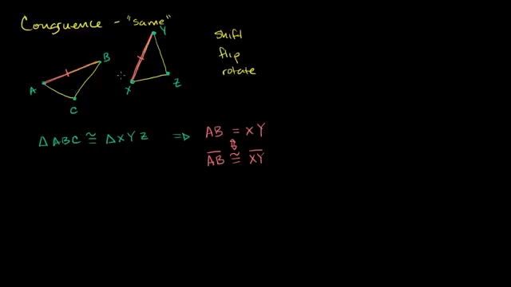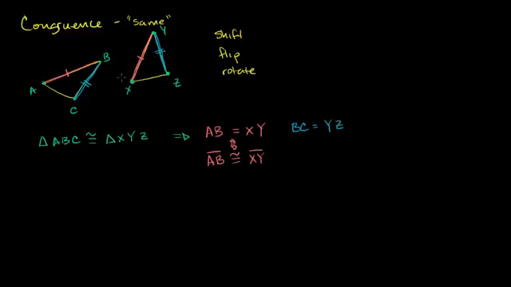If these two triangles are congruent, we also know that the length of BC is going to be the length of YZ, assuming that those are the corresponding sides. We could put these double hash marks right over here to show that these two lengths are the same.